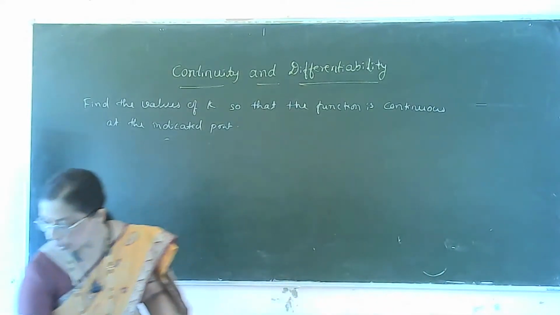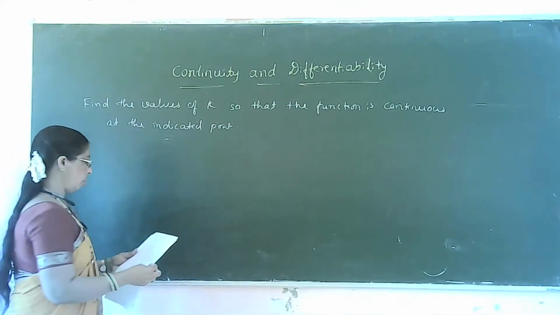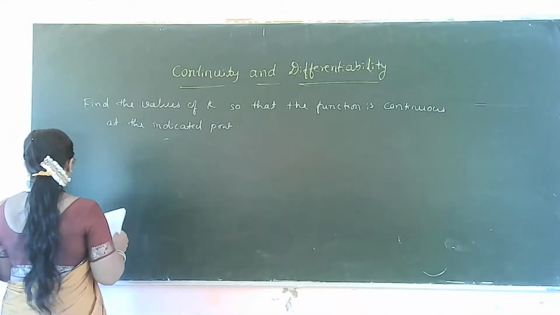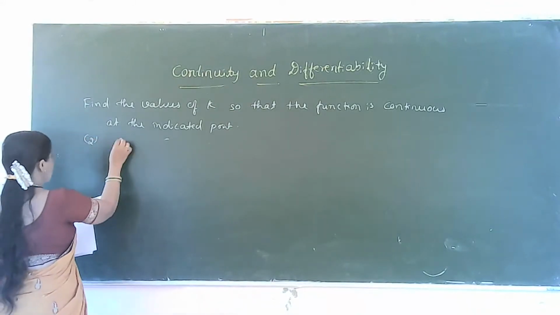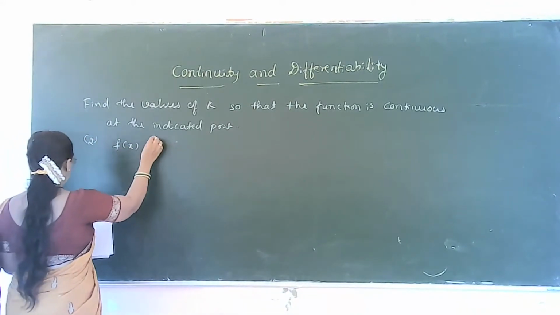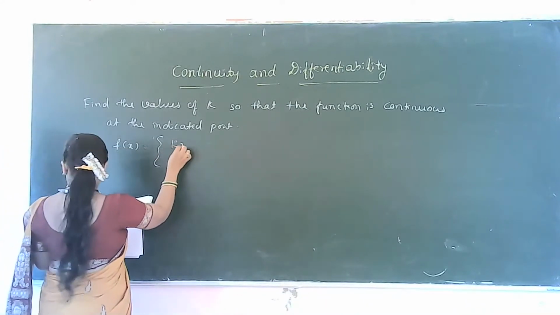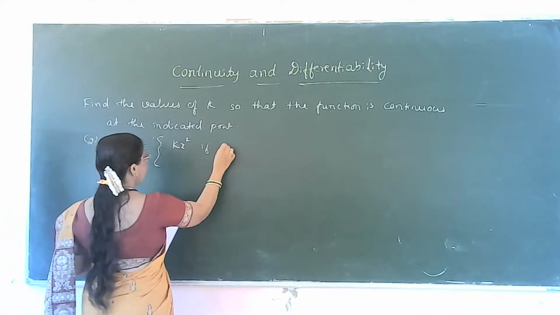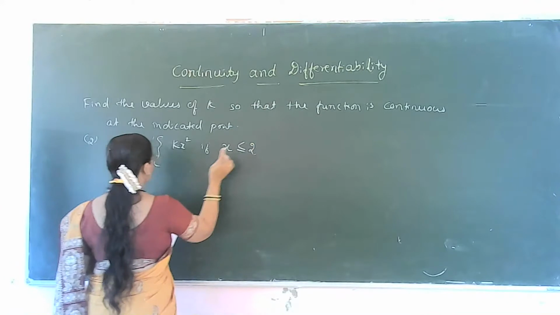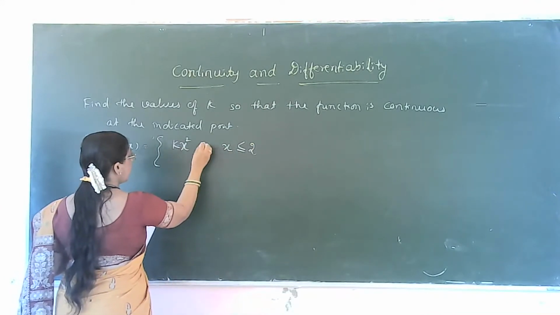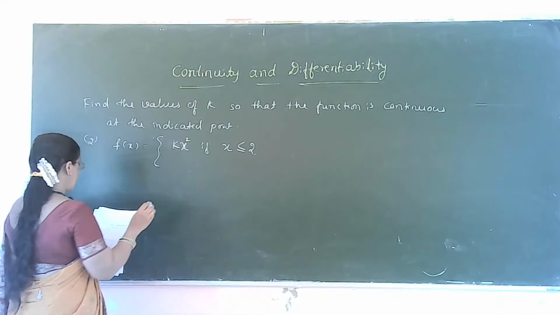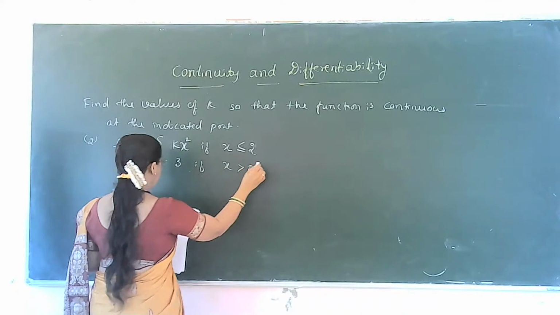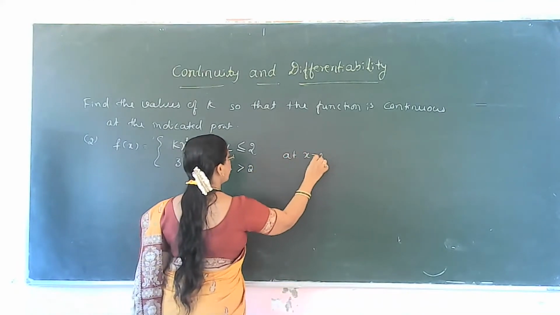Then we start one more problem of the same type. Second problem. Here also the function is continuous. f of x equal to kx square if x is less than or equal to 2, and 3 if x is greater than 2.